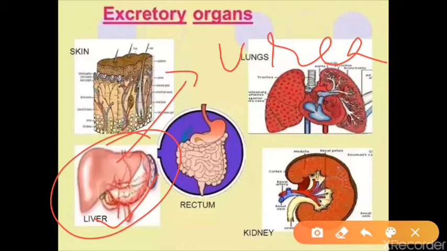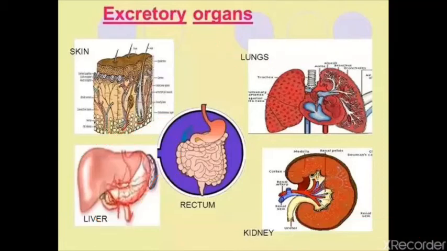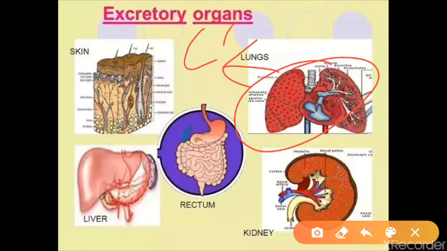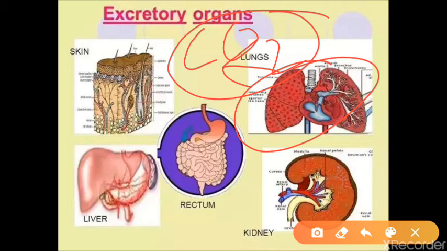Let's see the other one, the lungs. While breathing, we are exhaling CO2 that is made in the breakdown of food. So CO2 is removed by the lungs. Lungs remove just CO2.